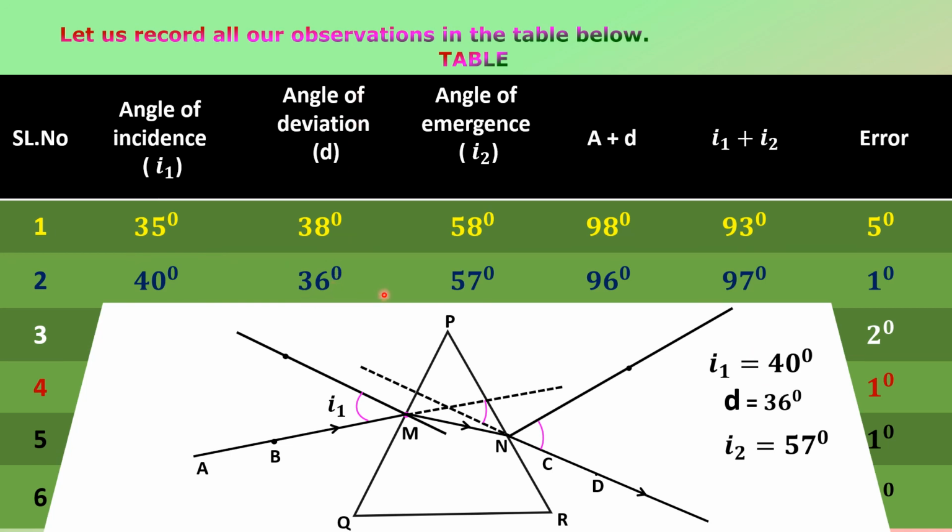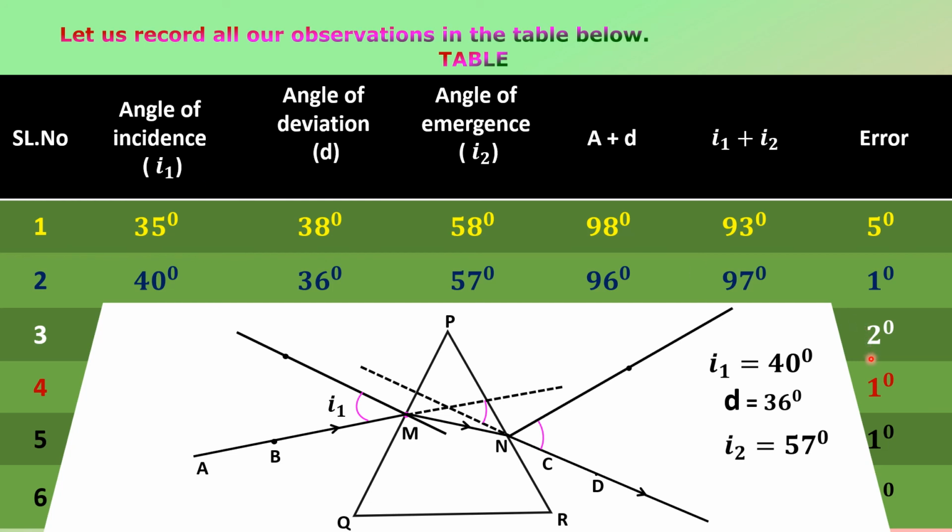You can observe here, the angle of incidence has been increased from 35 to 40, whereas angle of deviation has been decreased from 38 to 36. Okay, so initially the angle of deviation decreases with the increase of angle of incidence. Later it will increase with the increase of angle of incidence.